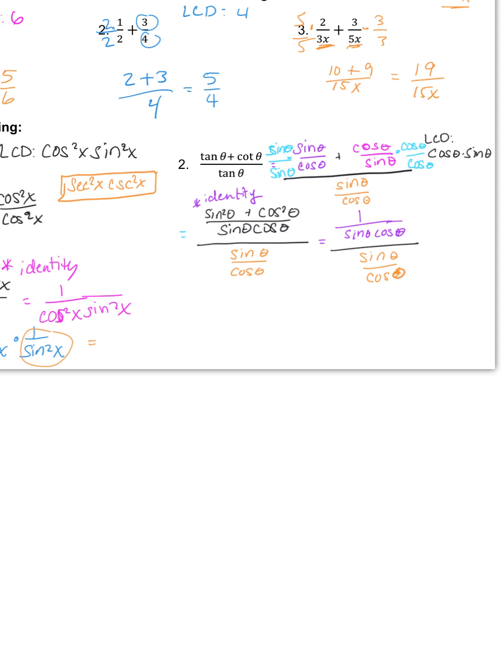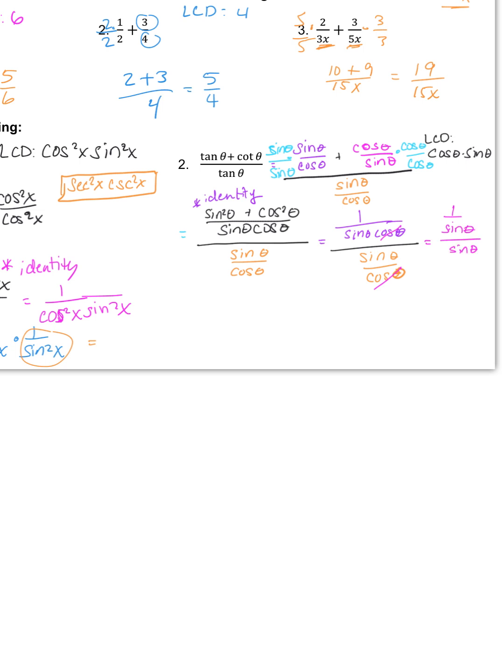Okay, so now I have a complex fraction where the top is just 1 fraction and the bottom is another fraction. There's several things you can do. It just depends on what you see. We know if we have something the same on top and bottom, we can cancel it. Well, this can cancel with this because it's multiplying up there. So what does that leave me with? 1 over sine theta divided by sine theta.